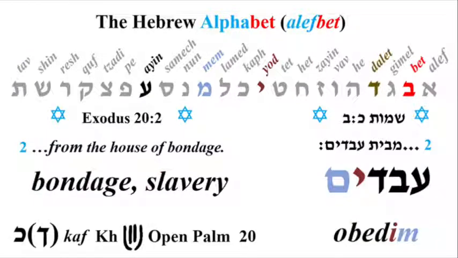Obedim. Whatever Obedim is, it ends in im, so it's plural. So we just want to know, what is Obed? Obed means a servant. Okay, a bondage, slavery, servant. You've heard Obed before. There's a prophet in the Old Testament, Obadiah.